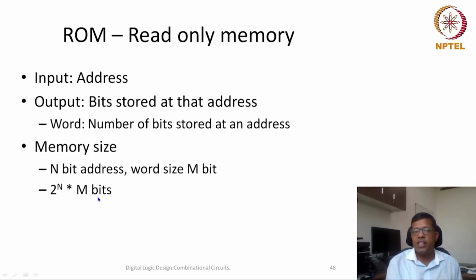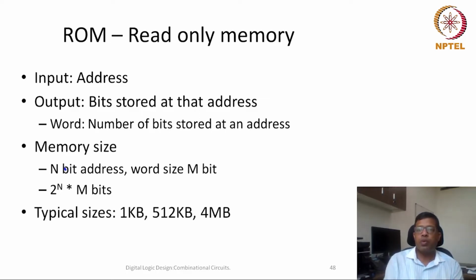At every address, how many bits are stored? m bits. And how many such addresses are there? If the number of bits in the address is n, the total number of addresses would be 2 to the power n. So 2 to the power n into m would be the total memory cells present in this read-only memory.